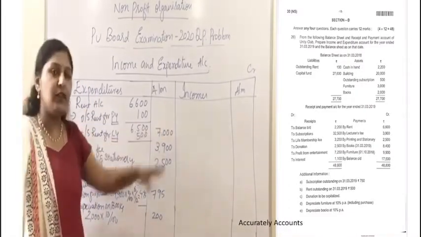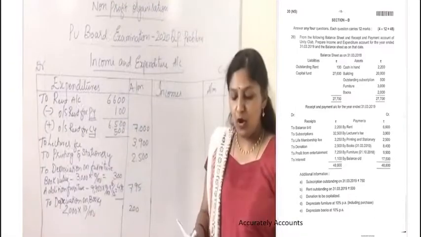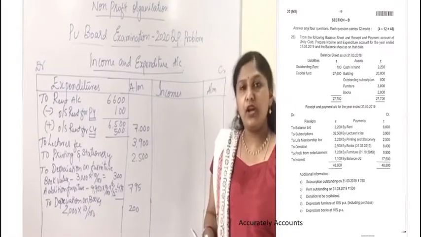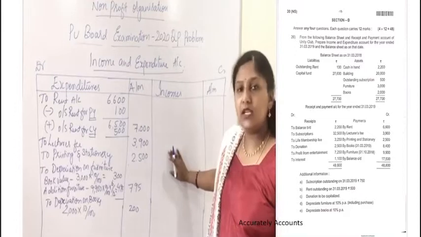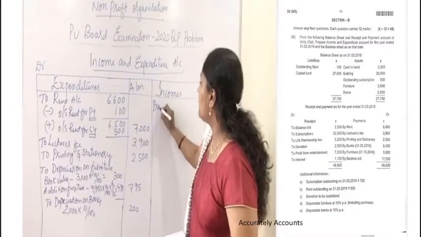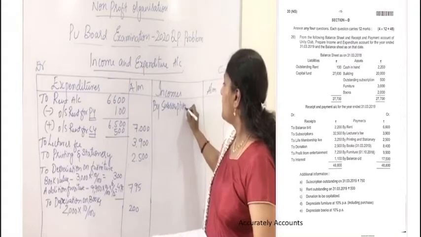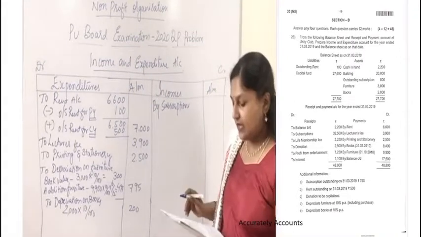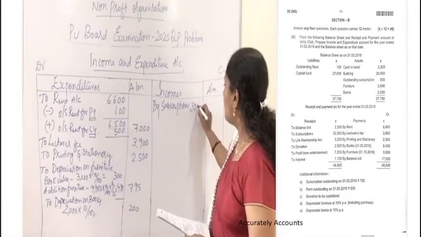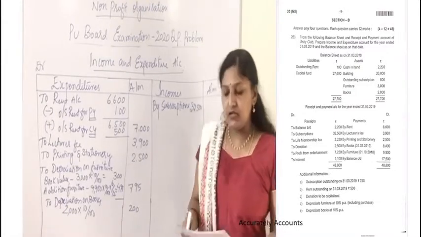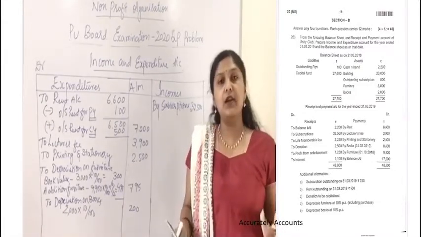Now let me explain the income. If you go through the problem, the first income which we need to record below the incomes is subscriptions. So here the entry is going to be by subscriptions. The value of subscriptions for the current year is 32,500, and we can find 2 adjustments related to the subscription.